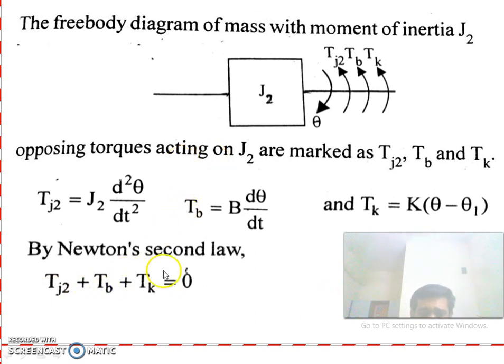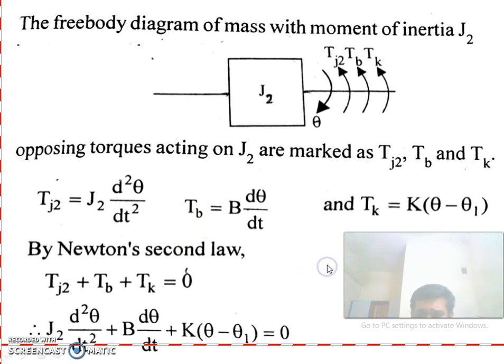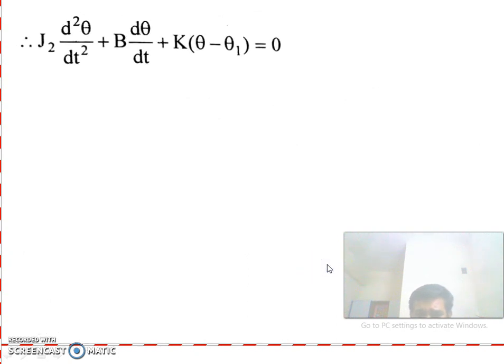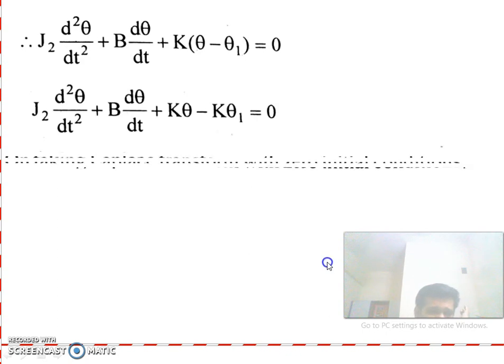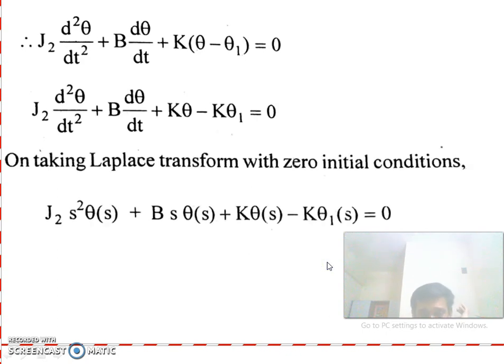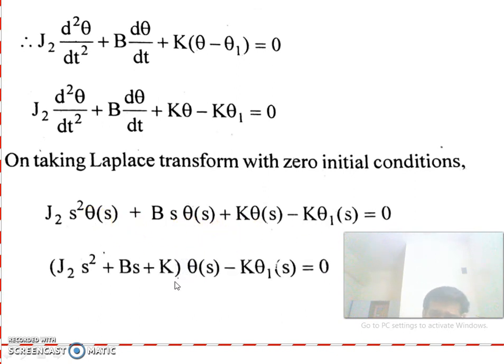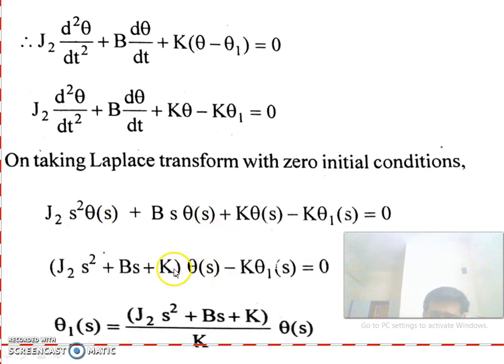Now we substitute all the opposing torques and take the Laplace transform. After taking the Laplace transform, we take theta of s common, and from that we calculate theta 1 of s. Already we have one expression from the differential equation of J1 by applying Newton's second law.